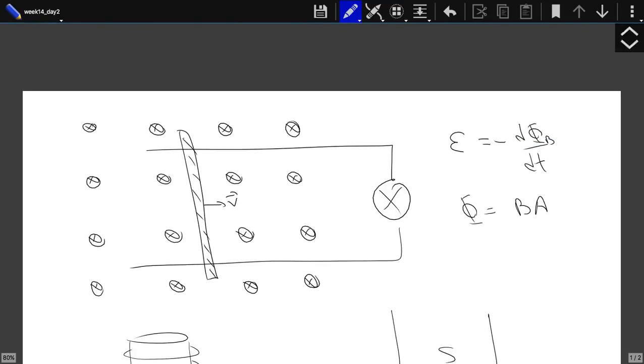Well, one difficulty one faces is usually determining the direction of this electric field. You see, just look at this system. If we look at this from a reference frame in which the rod is at rest, in that reference frame these magnetic field lines are moving in this direction.